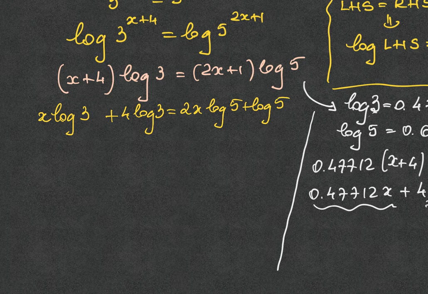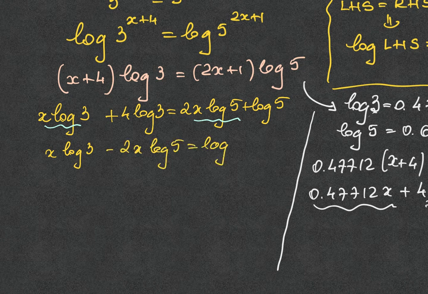Now x is here and here, so I'm going to subtract from both sides, doesn't matter which, for example 2x log 5. So x log 3 minus 2x log 5 equals log 5 minus 4 log 3.